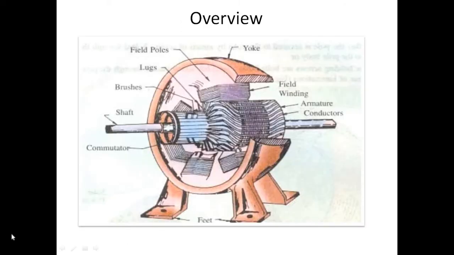Overview of the DC machine. The essential parts are: first yoke, second pole, third lugs, brushes, shaft, commutator, field winding, armature, conductor, feet.